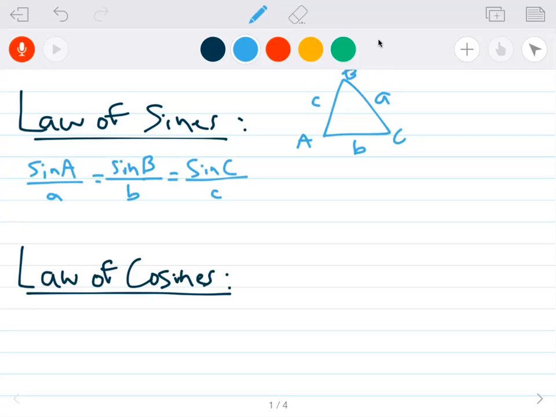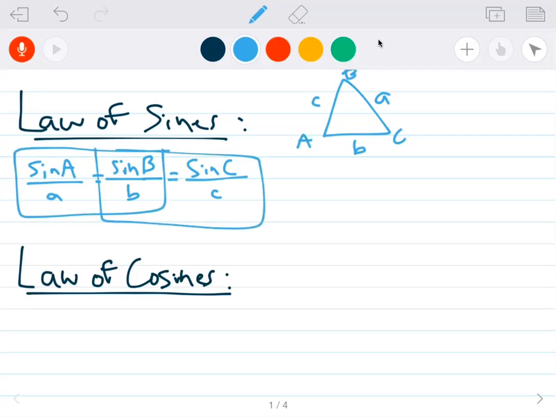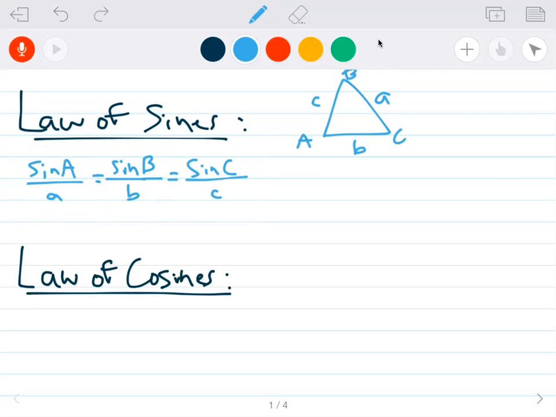Now, a lot of times we only use these two, or the outer two. But there's another way as well. A lot of times we're only ever going to use the law of sines and law of cosines to find missing side lengths on triangles, or to find missing angles on triangles.